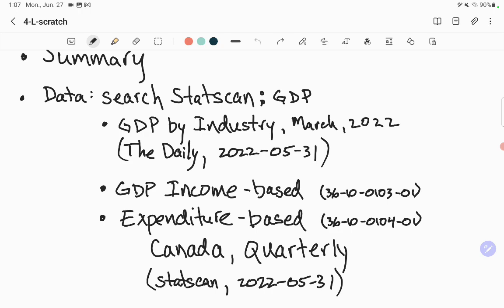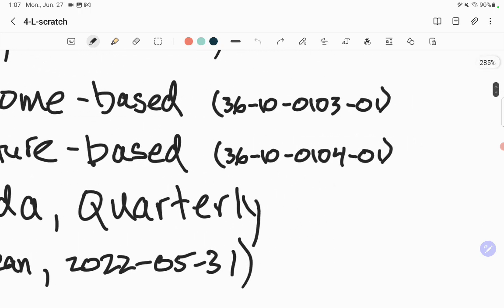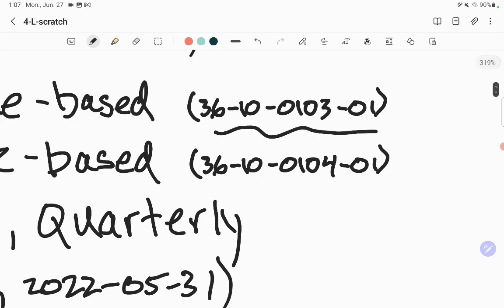And I'll show you, and there's an application that you can use. I'll be using the application if you want to go to StatsCan. I will always have the reference number of the table so that you'll be able to look at it in your own time.